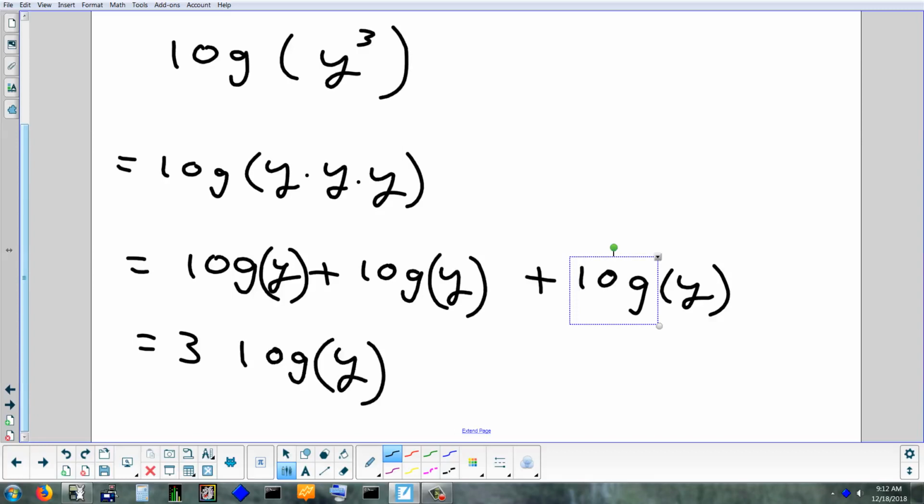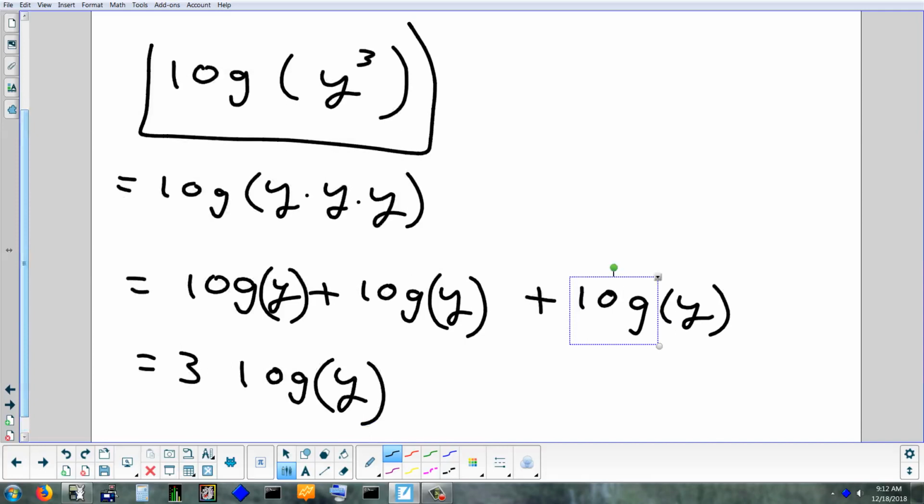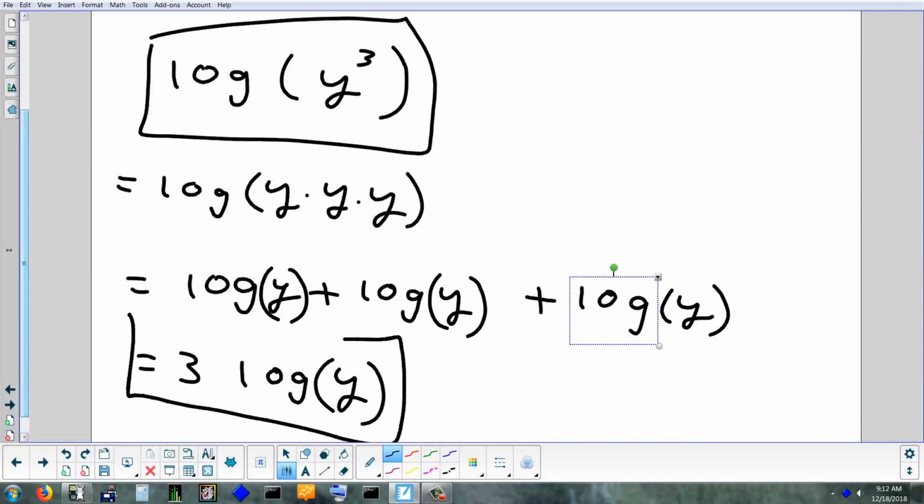Now, look at what we started with. Look at what we ended up with. And we should be able to jump right from that top box to the bottom one. What happened if you just look at the top box and the bottom box? You just moved the 3 where?